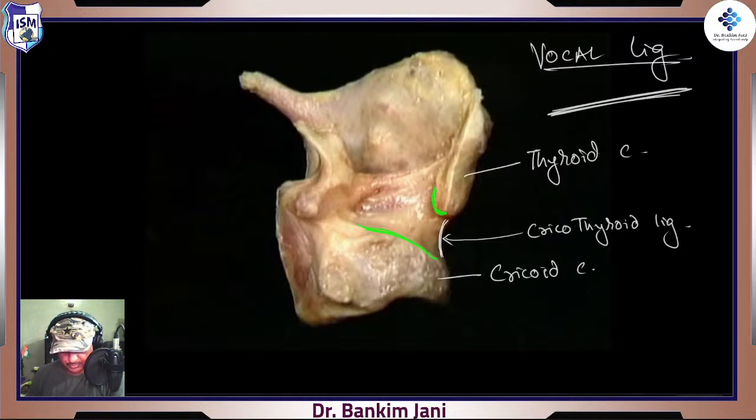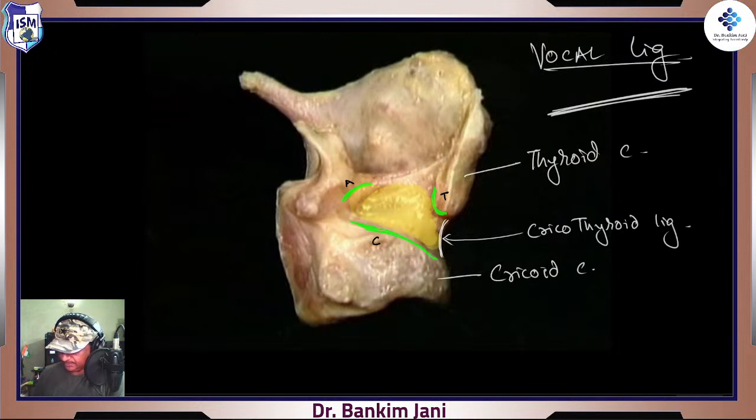And then on top of this, there is the arytenoid cartilage. So this is connected to that also, right? So over here, that's the cricoid. So that's the cricoid, arytenoid, thyroid, and that's how it really forms this structure over here, right?